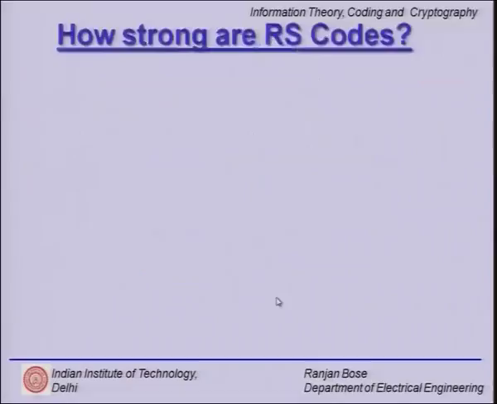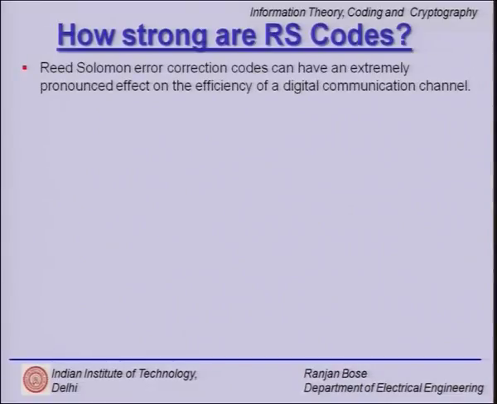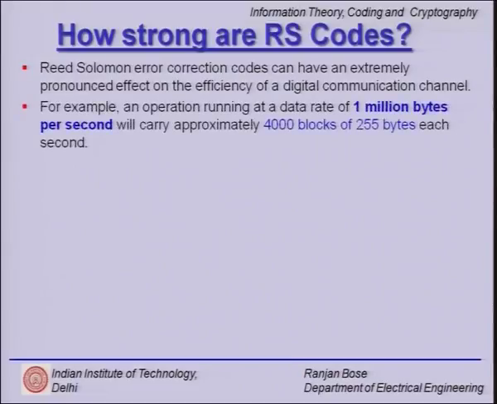So, this is pretty strong. How strong really are Reed-Solomon codes? That is the question we need to ask ourselves. They definitely have an extremely pronounced effect on the efficiency of a digital communication channel because of their strong error correcting capability. So, let us take a very simple back of the envelope calculation.